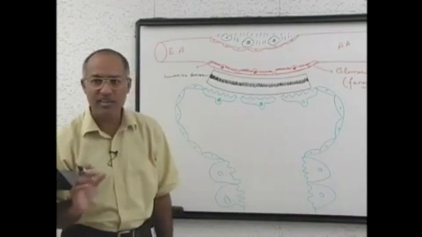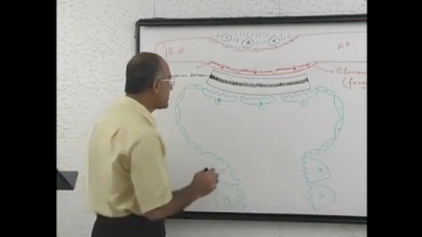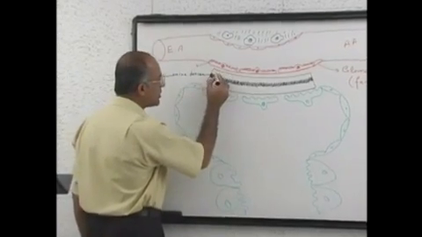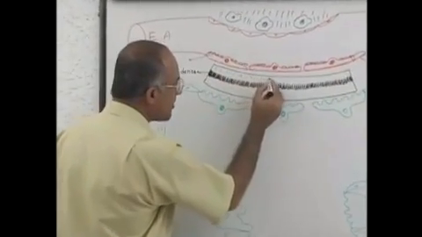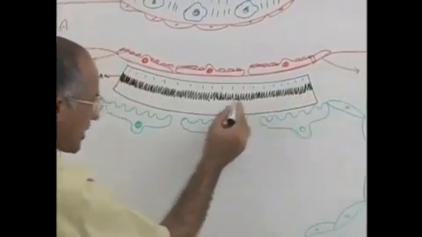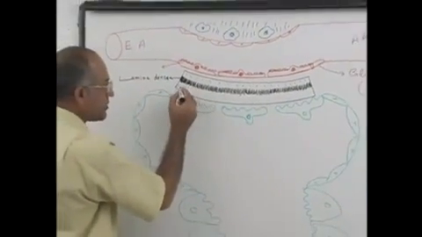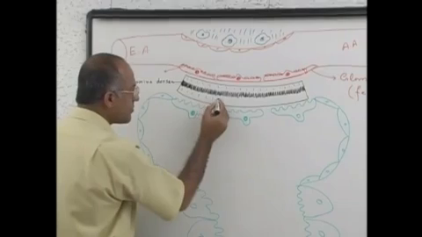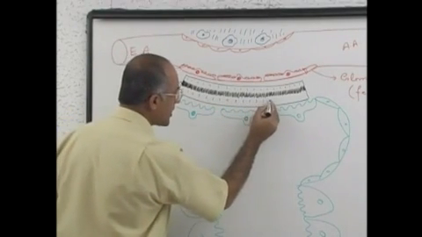It's not as dense as it is in the center. And due to this reason, this is, you can say, a less dense area. So we call it lamina rara. This was lamina densa. On both sides of lamina densa, there is lamina rara.